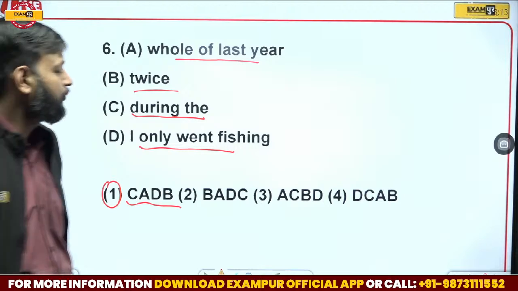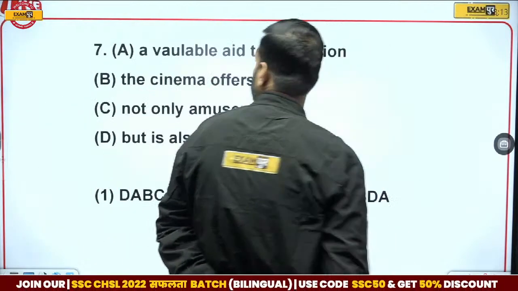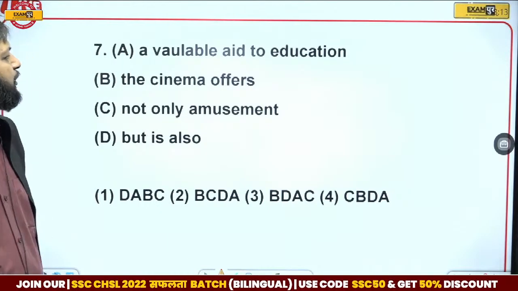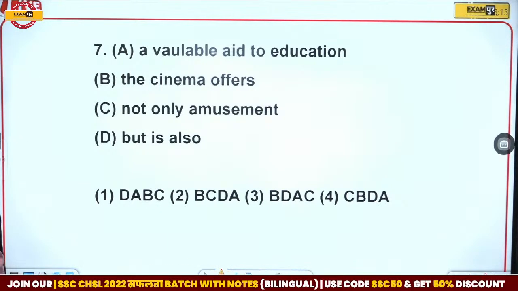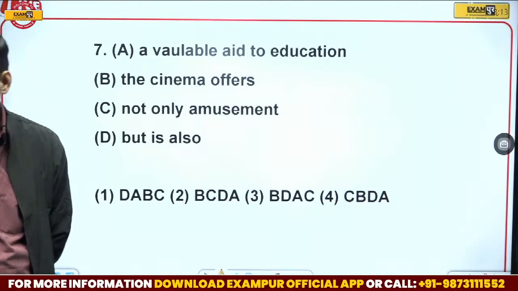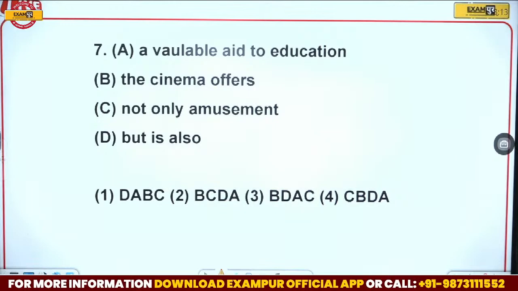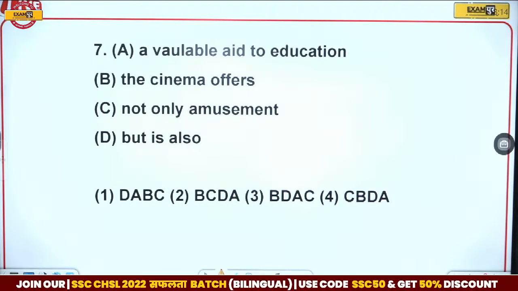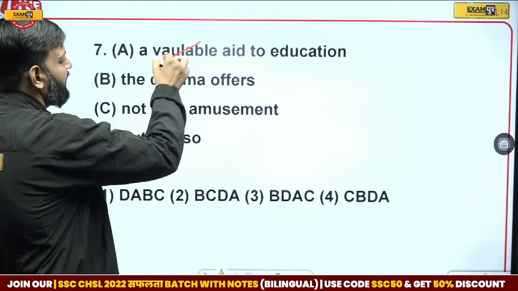Okay. Now the next one, question number 7. A valuable aid to education. The cinema offer not only amusement but is also. This is valuable. Okay, a spelling error is there.